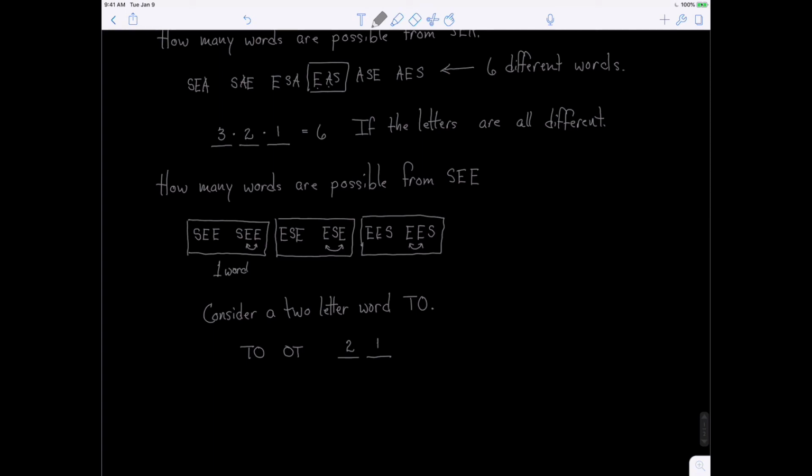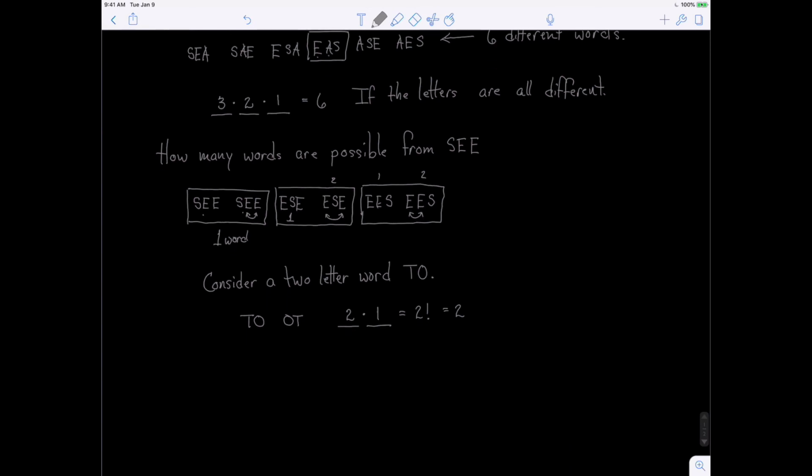In the second spot, I could put 1. Well, that's just 2 times 1, which is, oops, I should write it. That's just 2 factorial. So notice that when you have a duplicate, it makes a 2 factorial, which is also 2. It makes 2 copies. So here's the first one and here's the second copy. Here's the first one and here's the second copy. So in other words, we just need to divide out those extra copies.